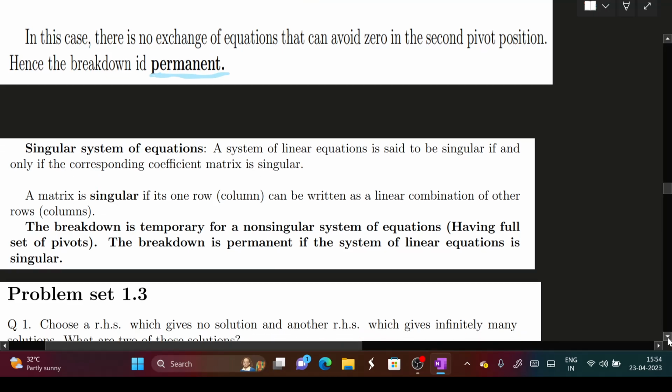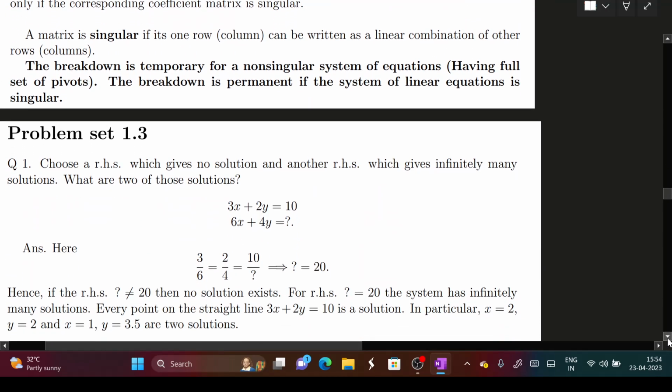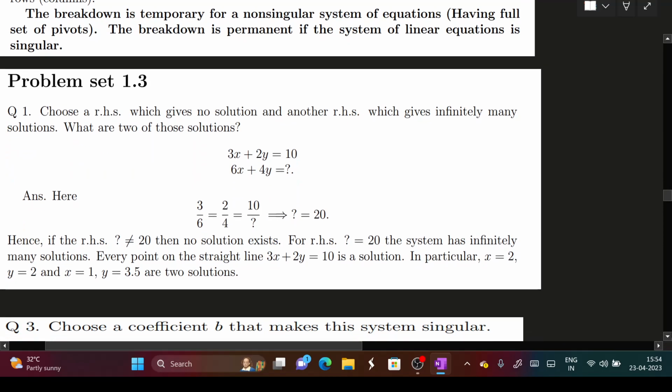Now let us discuss some of the problems from the exercise. Here is a question. What RHS value will make this system of equations have no solution, and for what value will it have infinitely many solutions?